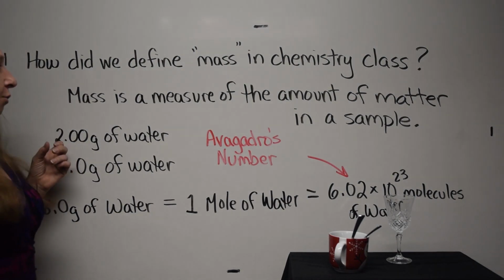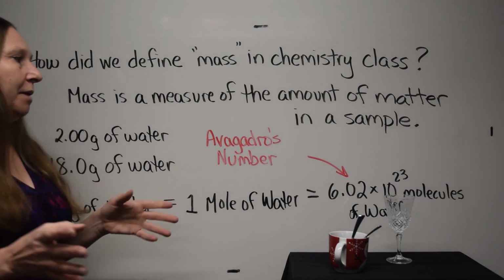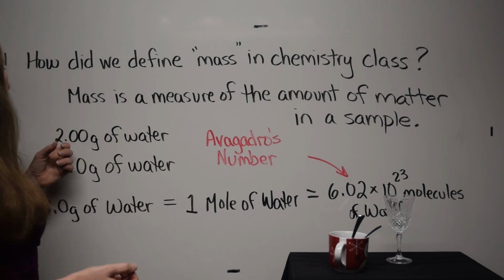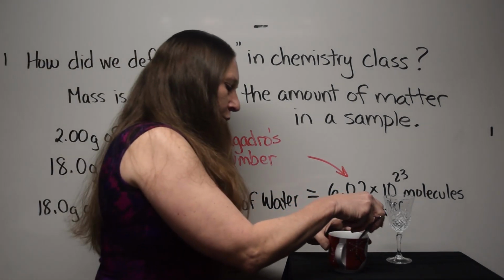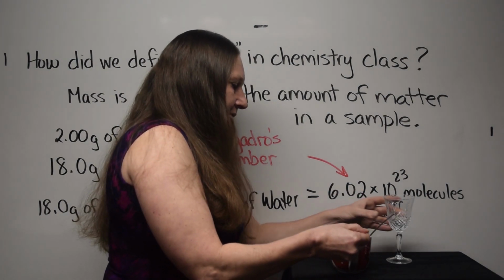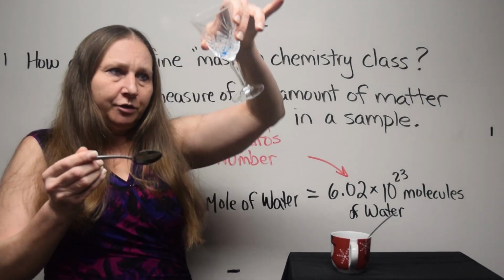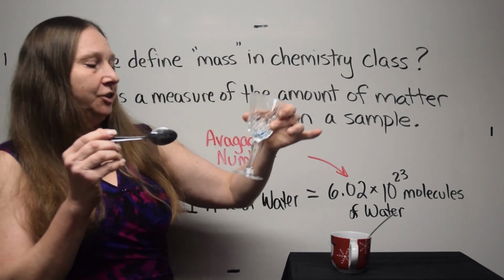Now, 2 grams of water. Remember the units for mass, which you learned in chemistry, would be grams or kilograms. 2 grams of water would be less than half of a teaspoon of water. That's about 2 grams of water. I colored it blue so you can see it.